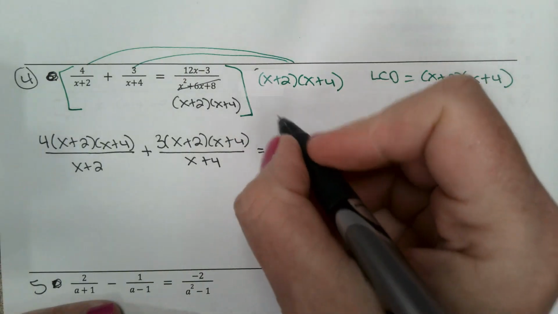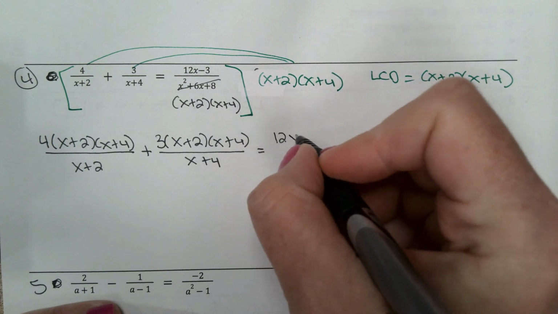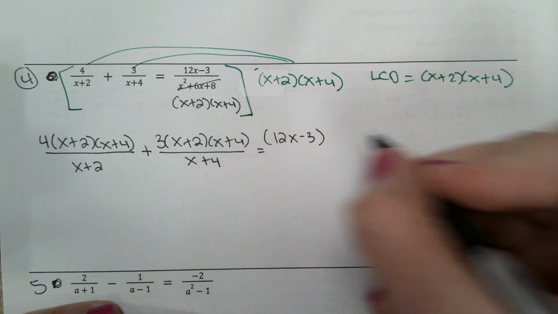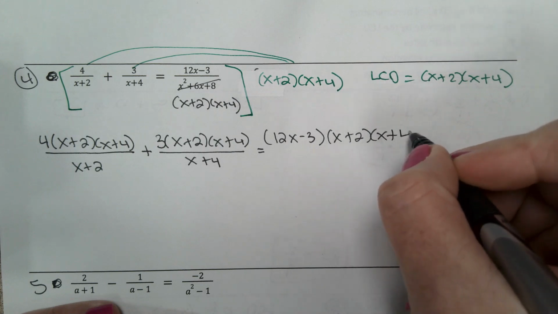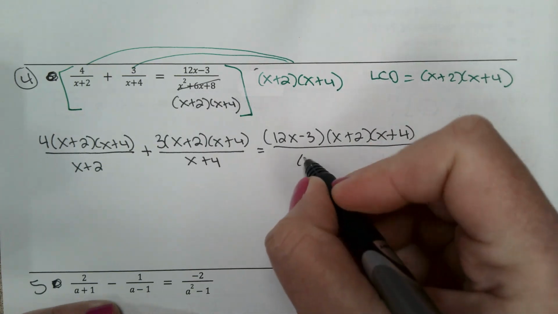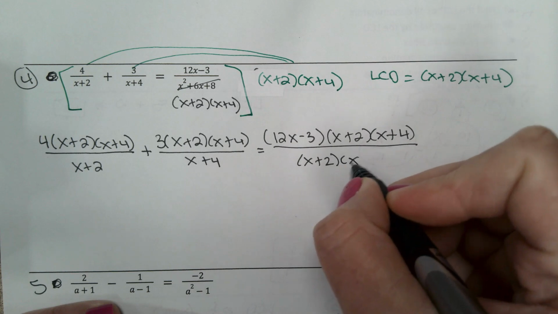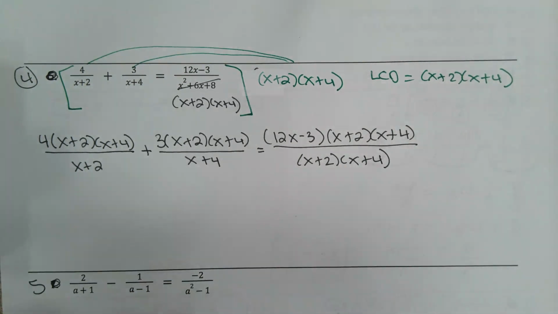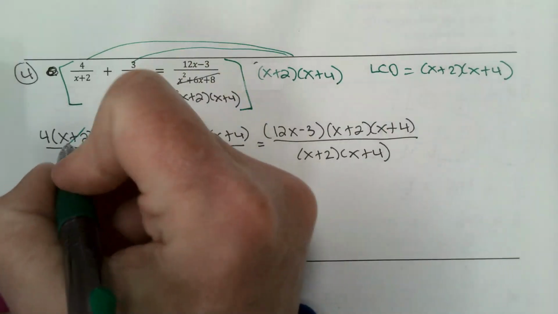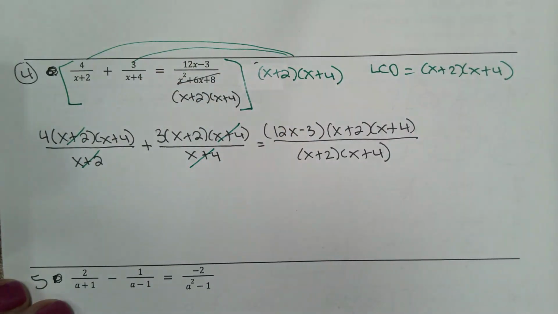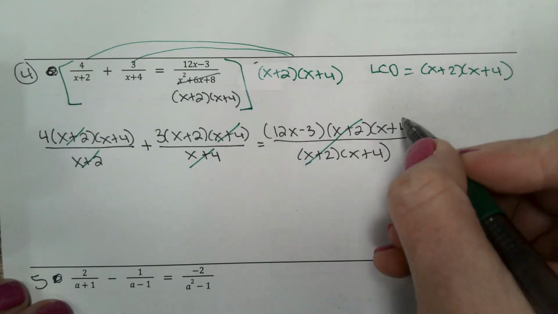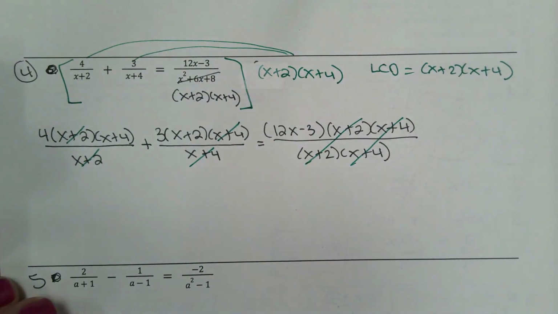And then over here I have 12x minus 3 times x plus 2, x plus 4, over x plus 2, x plus 4. Now I'm going to see what matches top and bottom and go canceling. So here my x plus 2's are gone. There my x plus 4's are gone. And this one, I'm going to cancel out both those.